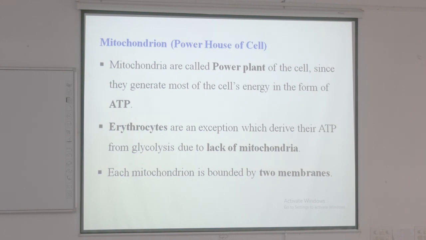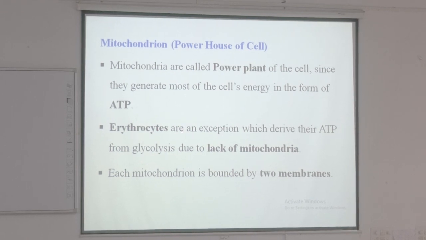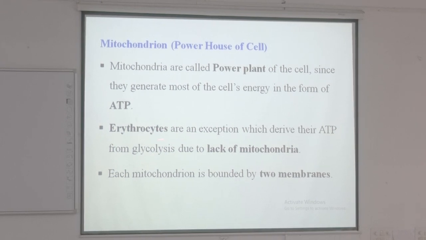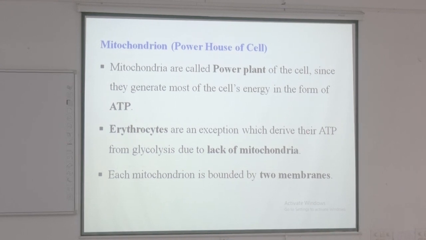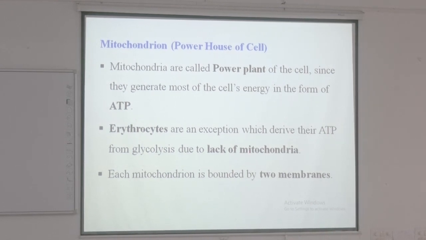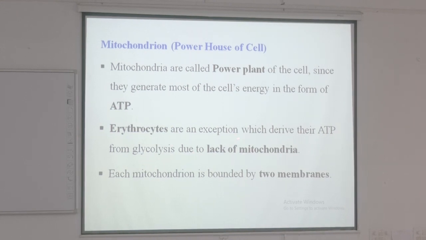Okay. So it is called the powerhouse, the power plant of the cell, due to the generation of ATP, as you already know. There is an exception: erythrocytes lack mitochondria. These are exceptions; they derive their ATP from glycolysis due to the lack of mitochondria.